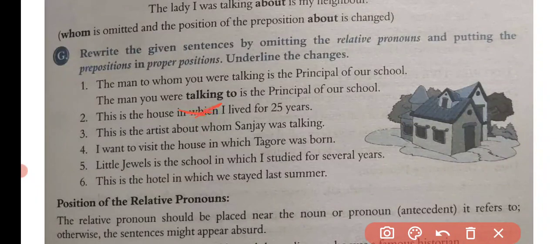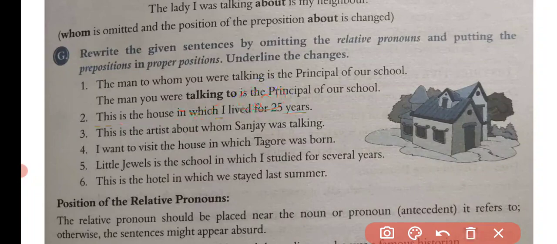I lived, and here you will use in, for 25 years. So the sentence will be, this is the house I lived in for 25 years, means just after lived you will use this preposition in. Okay, so once again I am repeating, please listen to the answer carefully. This is the house I lived in for 25 years. Okay, so like this you have to do all the answers here.